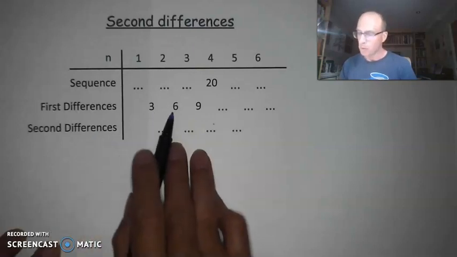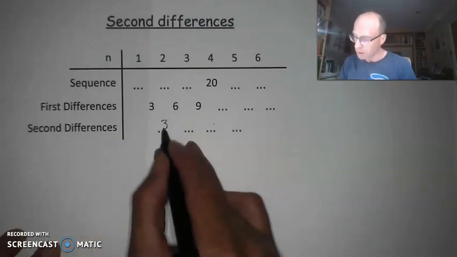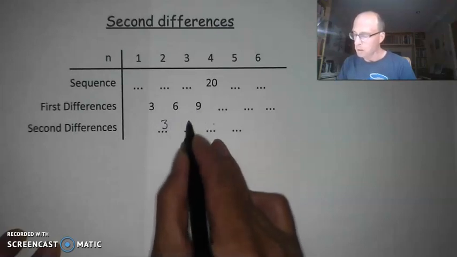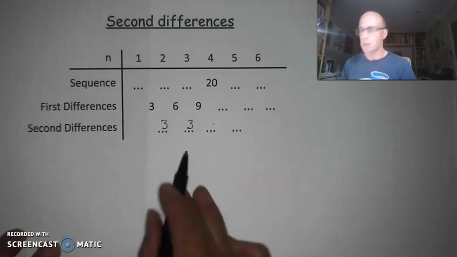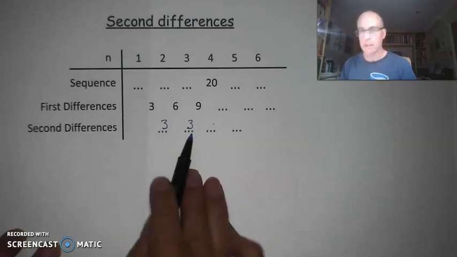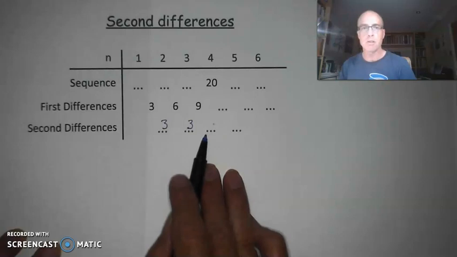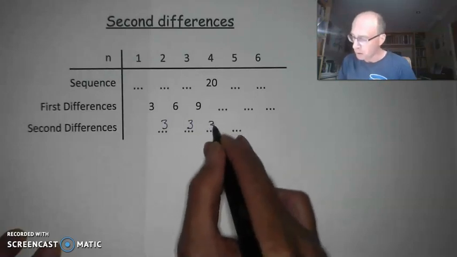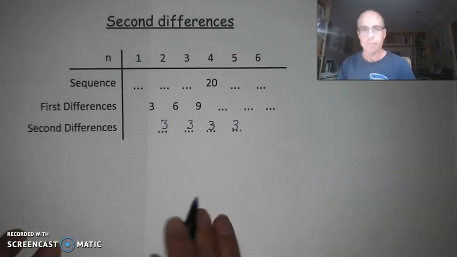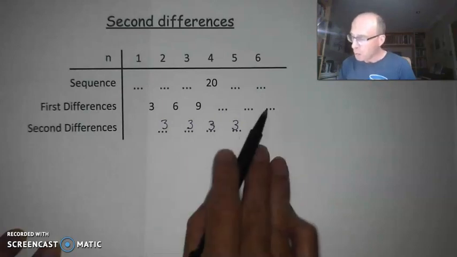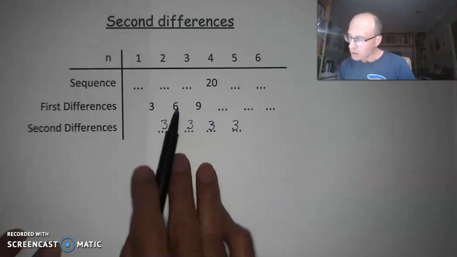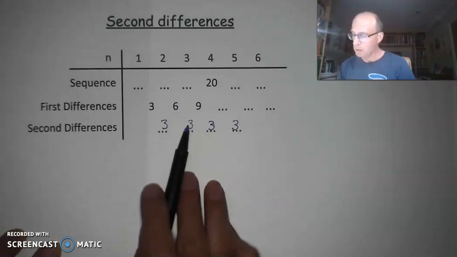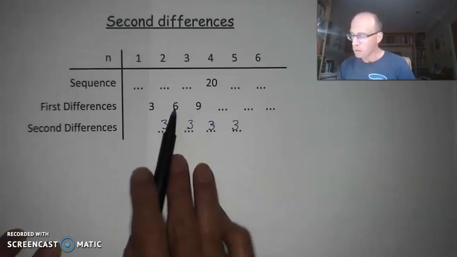So the difference between 3 and 6 is 3. The difference between 6 and 9 is also 3. And because I know I'm going to be dealing with a quadratic sequence, these two numbers are the same, I know that these two differences must also be 3. I can then work out what these numbers for my first differences are. So the difference between 6 and 9 was 3, so 9 was 3 higher than 6.